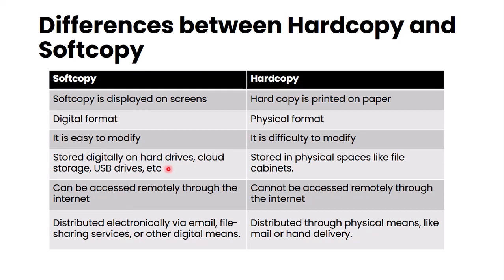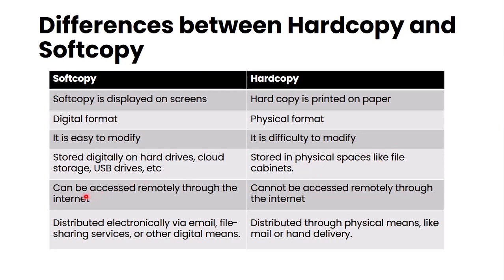So the soft copies are stored on storage devices. But the hard copies are stored in physical spaces like the cupboards, the file cabinets, on the table, and those things.